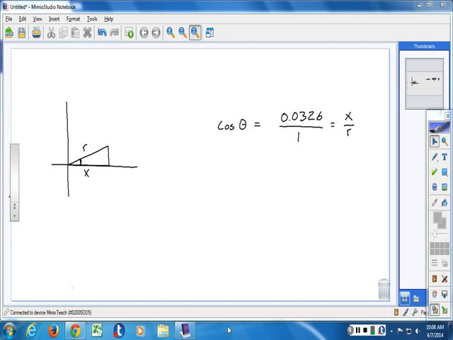It's going to have to be really large, because x is very small. If that distance is very small, but our radius is still 1, the only way to make that happen is to draw somewhat of a realistic triangle on here, with the radius being 1.